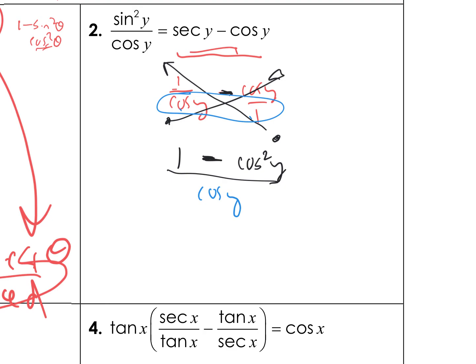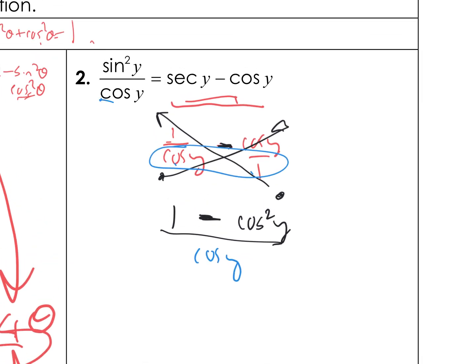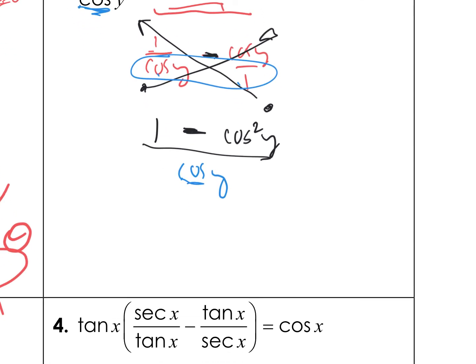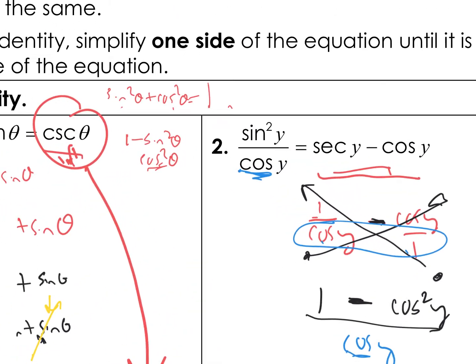Ooh, I see something beautiful. Yen, look at this. The denominator is cosine of y. The denominator is cosine of y. Maybe it's working. So if somebody could tell me what 1 minus cosine squared y is. Sine squared. It is sine squared. Remember this thing I wrote over here?